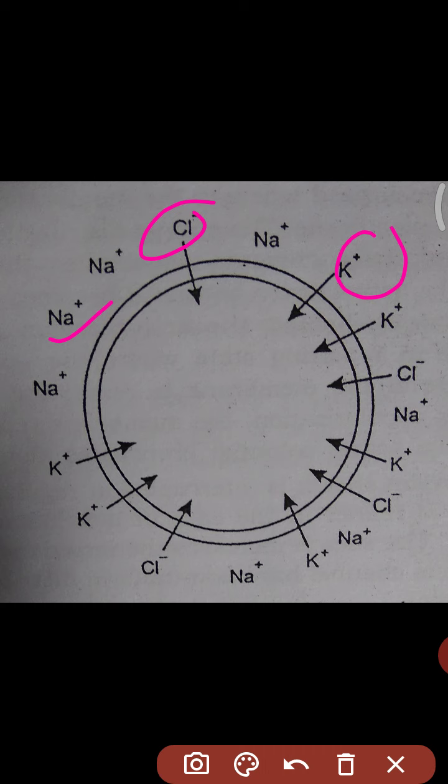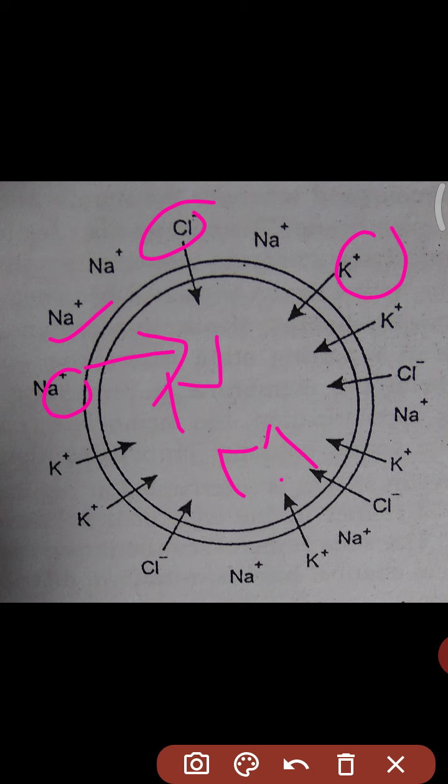Here the nerve is represented by N, and the muscle cell is represented by M. Nerve and muscle cells are encased in a semipermeable membrane. Sodium ions, Na plus ions, are unable to penetrate to the inside of the cell membrane.